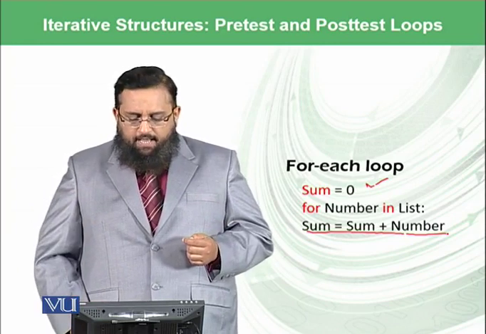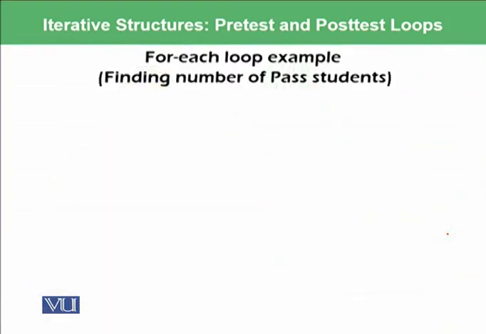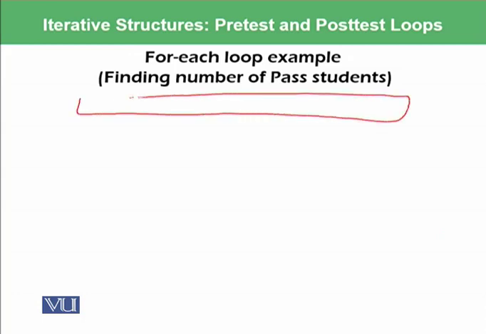So let's have another example. For example, if there is a list containing students who pass or fail. Let's say there are a number of students in the list and there are their marks.